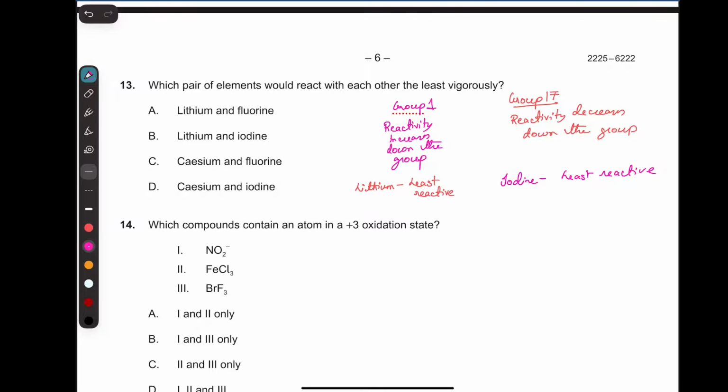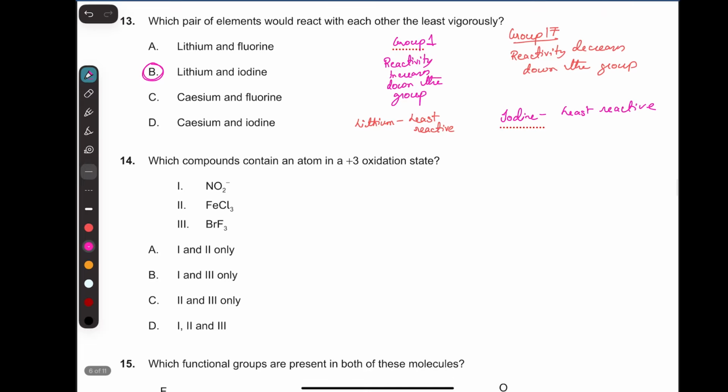But as the valence shell is much closer in fluorine, it will easily accept an electron and the electron will stay there stable. So that's why iodine is the least reactive halogen. Lithium is the least reactive metal, iodine is the least reactive halogen. So lithium and iodine, answer would be B.